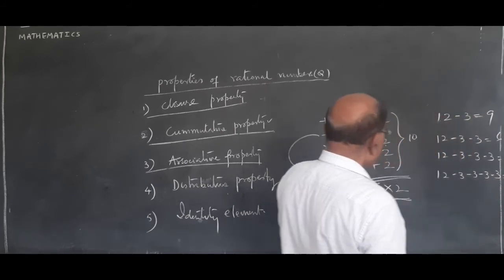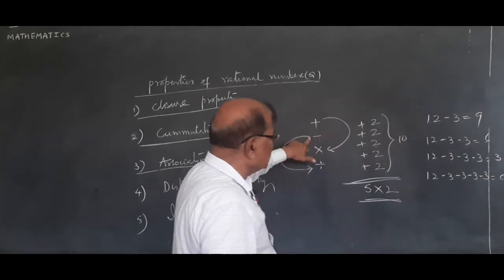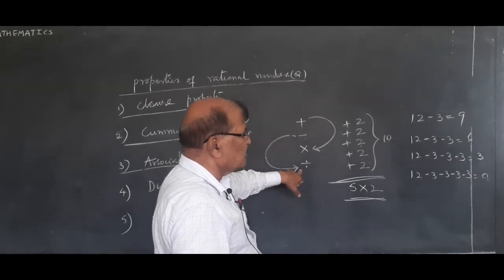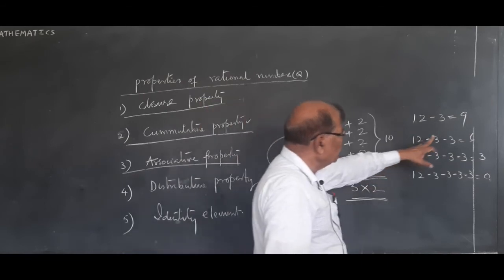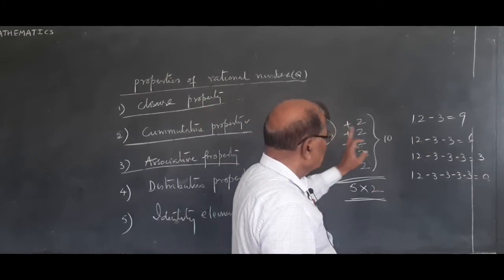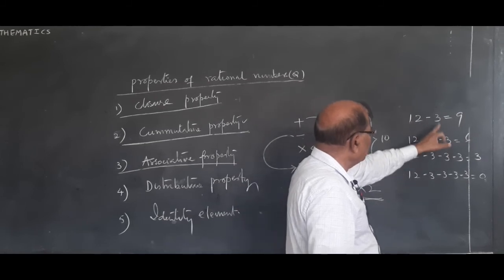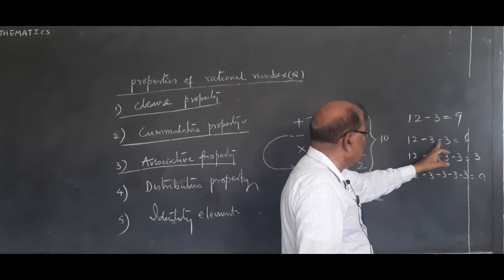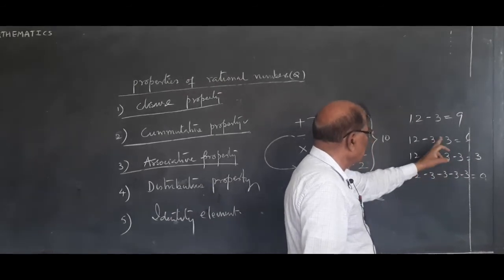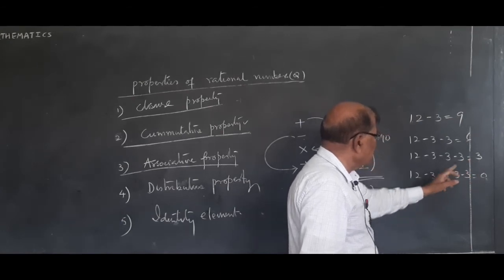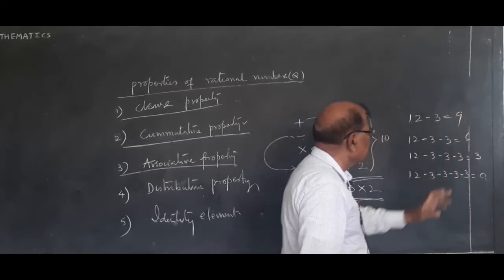So repeated subtraction is nothing but division. 12 minus 3 is 9, 12 minus 6 is 6, 12 minus 9 is 3, so 3, 6, 9.